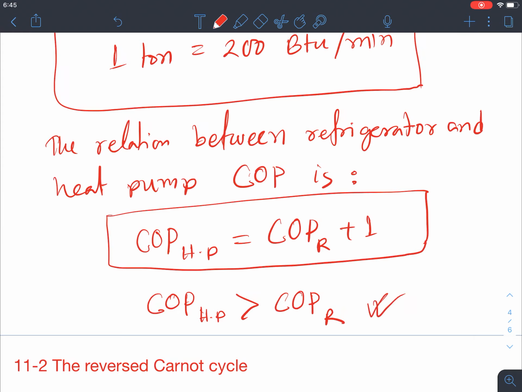Okay, so that's the relationship of the coefficient of performance between the refrigerator and heat pump.